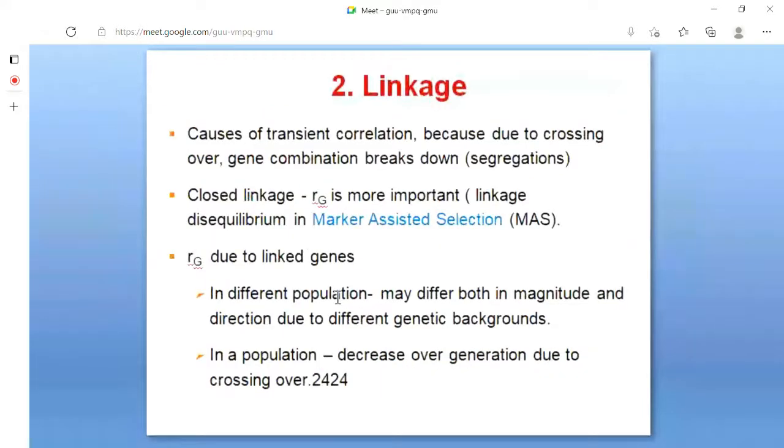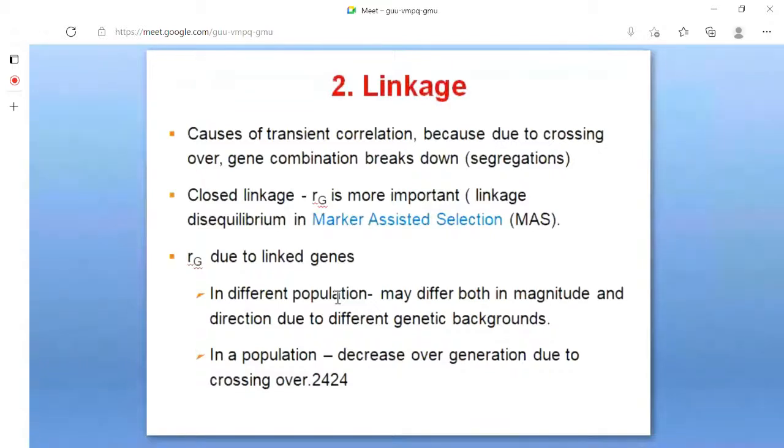Then linkage is another cause. As we have discussed in the case of the linked genes, suppose the gene for the milk yield and the gene for the fat percentage are located very close in the chromosome, or present in the same chromosome, then that is linkage.